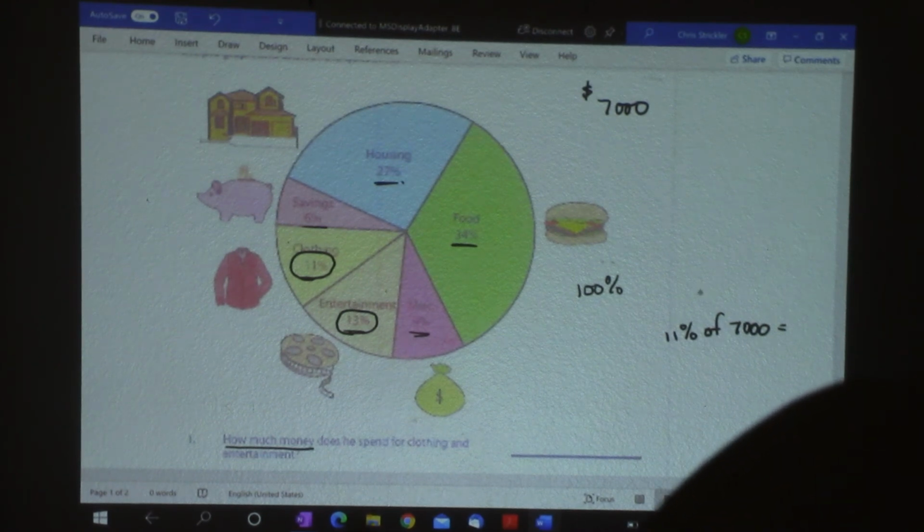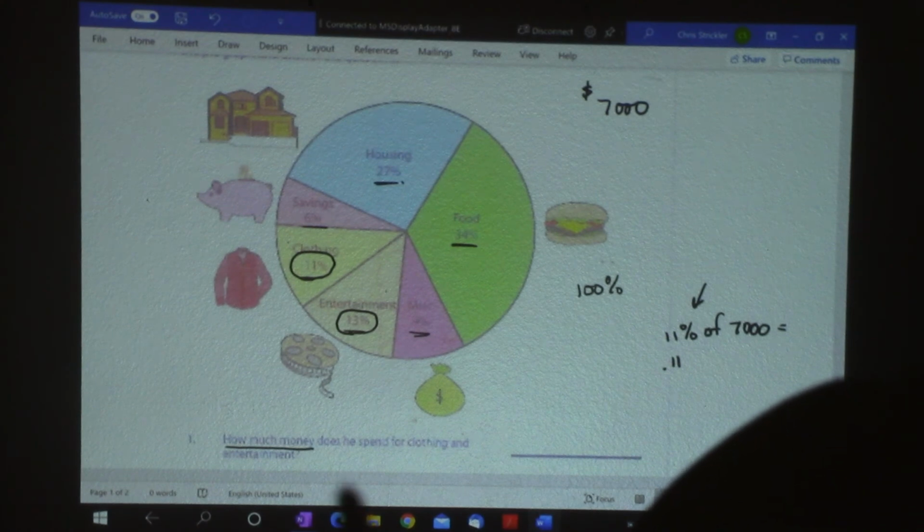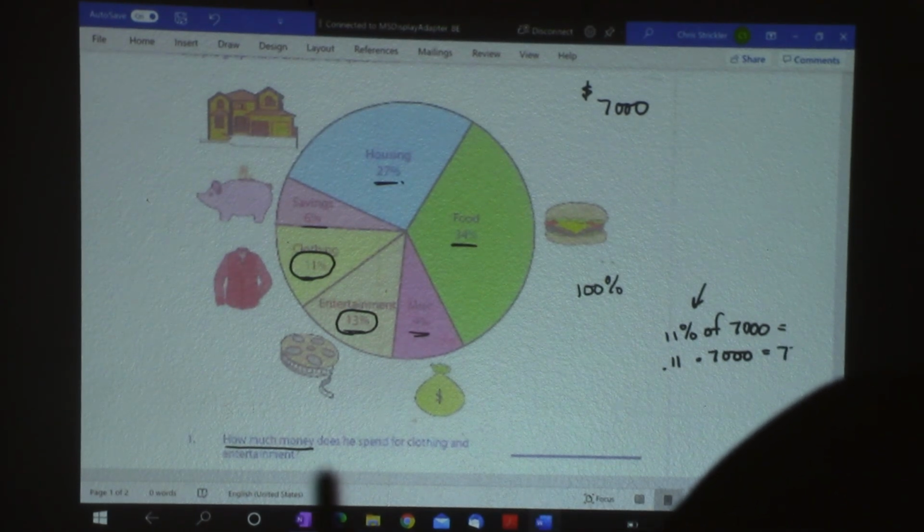I'm going to change 11% to 0.11 because I divide by 100 to take away the percent sign. And of means multiply. When I multiply 0.11 times 7,000, I get 770.